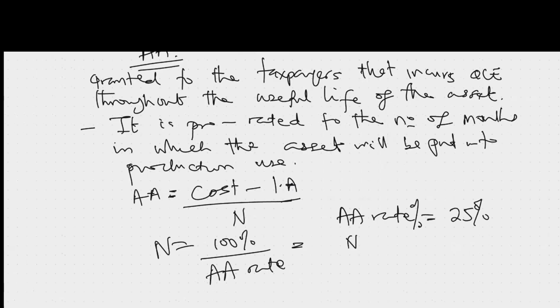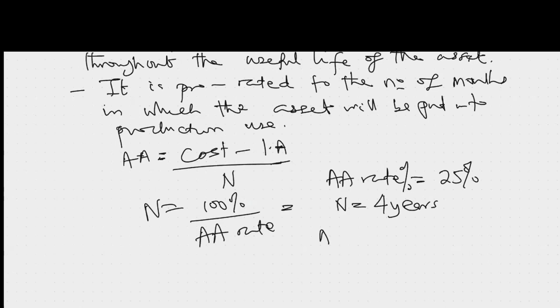If your annual allowance rate is 20%, N will be 5 years.